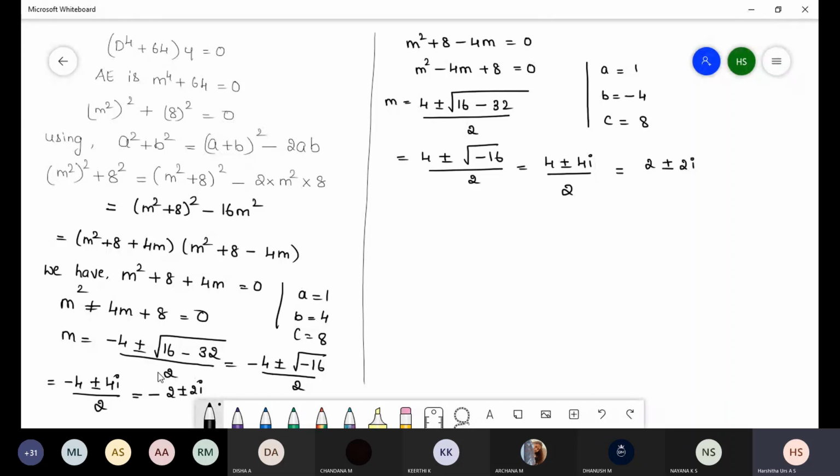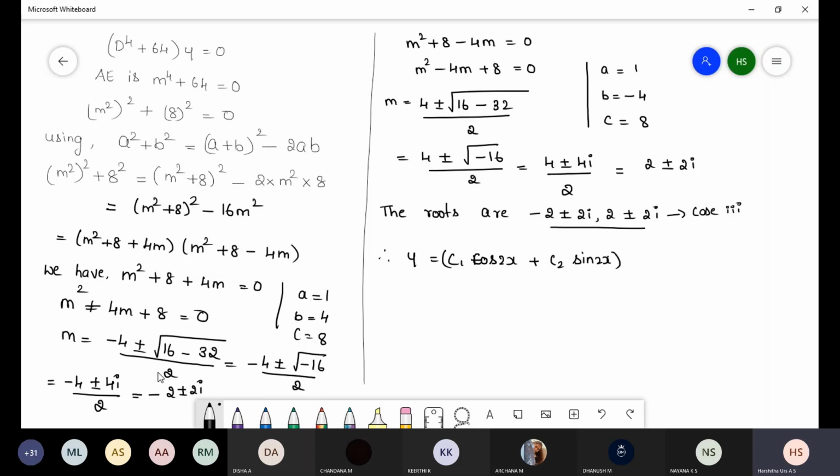Here we can write the roots are −2 ± 2i, 2 ± 2i. So this is the case 3. Therefore, y is equal to, case 3 means, e^(−2x)(c1 cos 2x + c2 sin 2x).